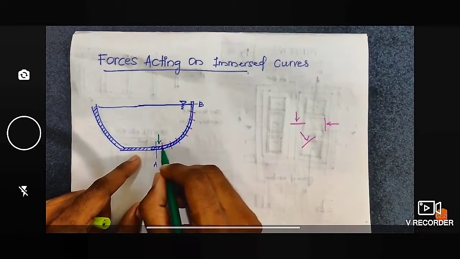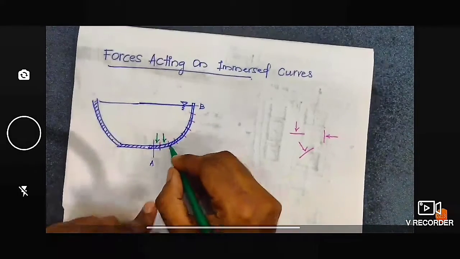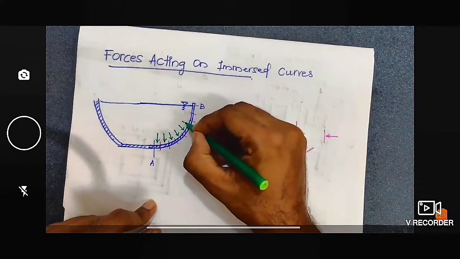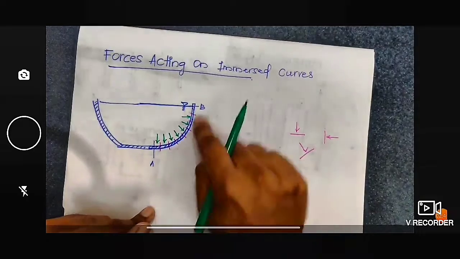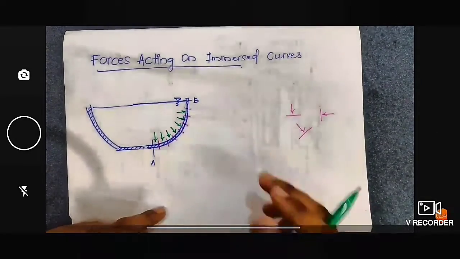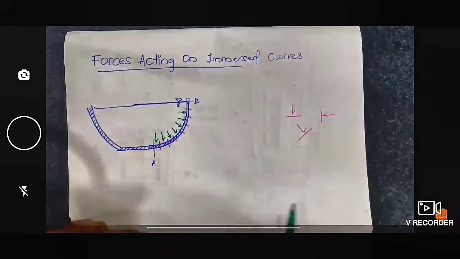It will be like this. Similarly, if I take this part, it will be acting perpendicular like this. Similarly, with every part, the liquid pressure acting will be perpendicular to it. So the force acting will be like this. At every point, the direction of pressure is varying, because it will be perpendicular. Since the curve is changing its direction, the pressure also will be changing its direction.